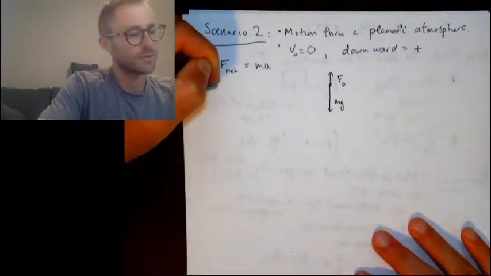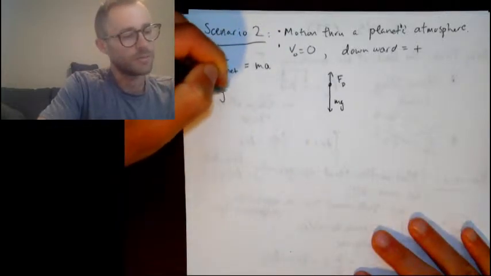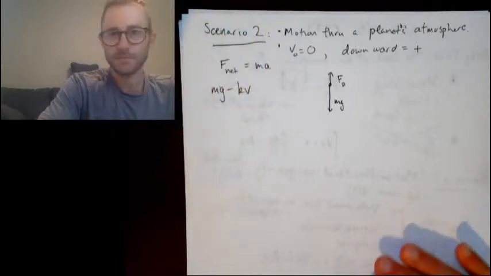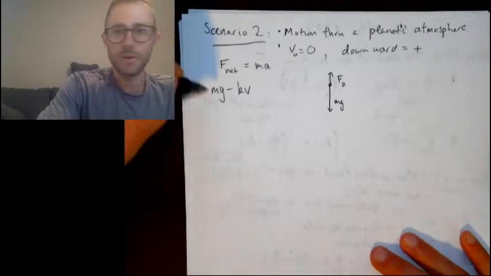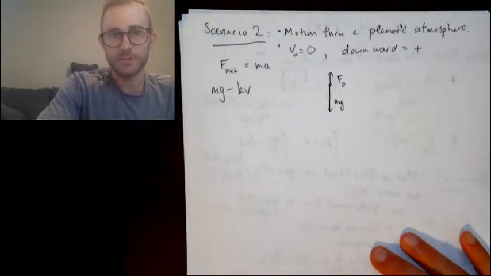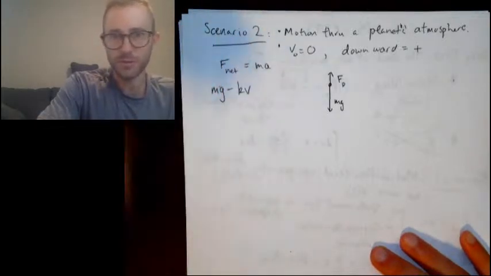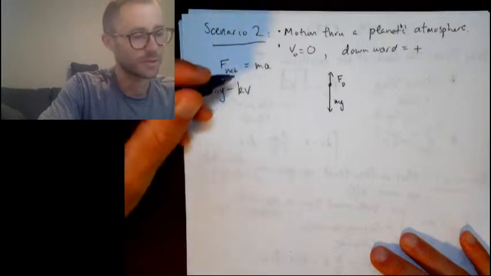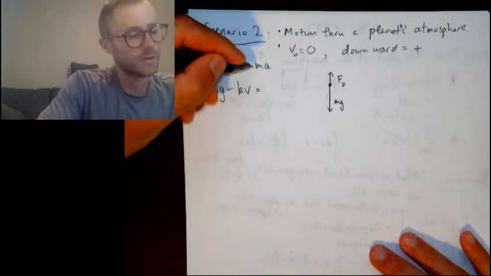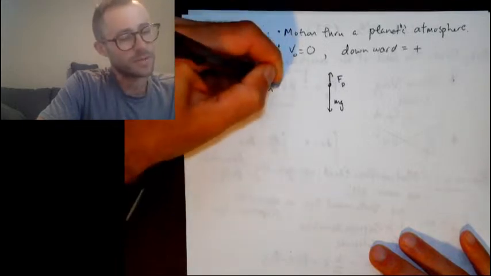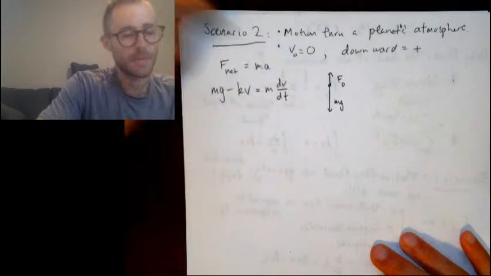So we have mg minus kv. Remember, downward is positive for this problem. This is one of the only situations in our class where we would take downward to be positive. And then that equals m times dv dt.